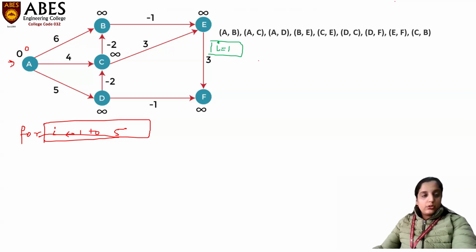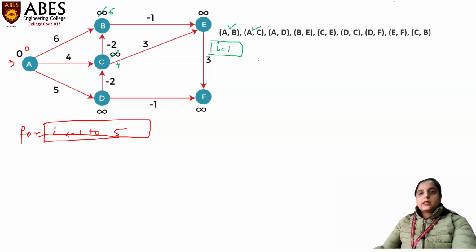AB is 6, and 6 is less than infinity, so we update its value and mark it. Next is AC. AC is 4, and 4 is less than infinity, so we write 4 here. Yes, we have done the updation.